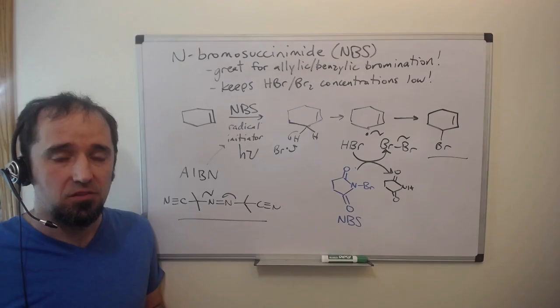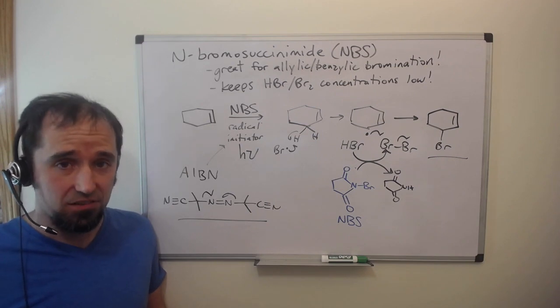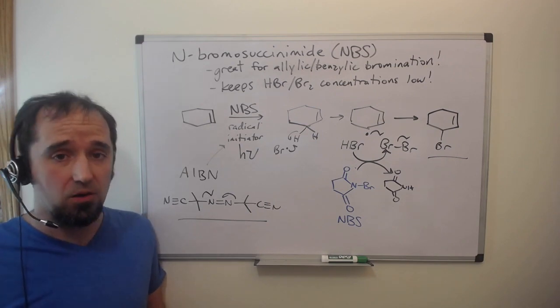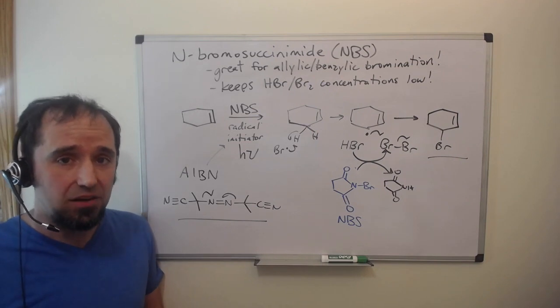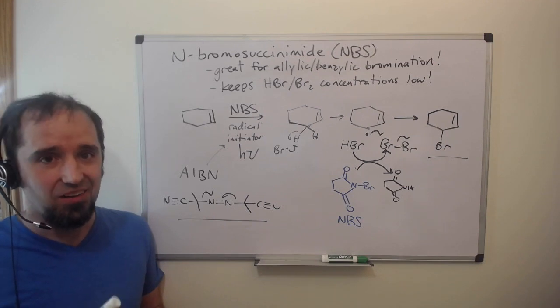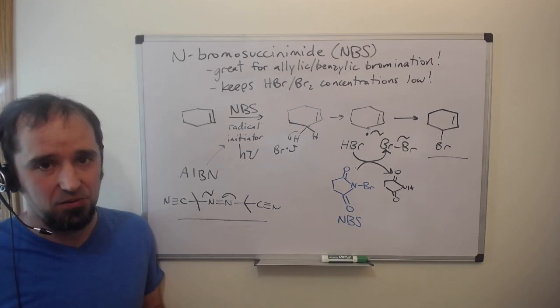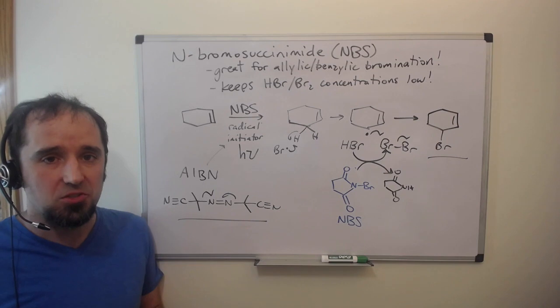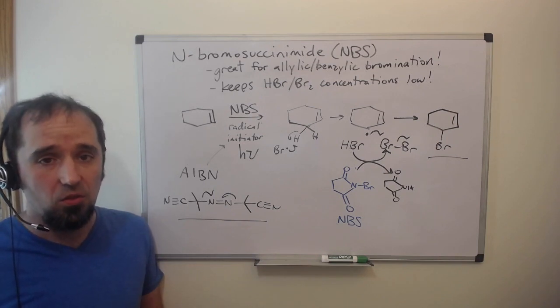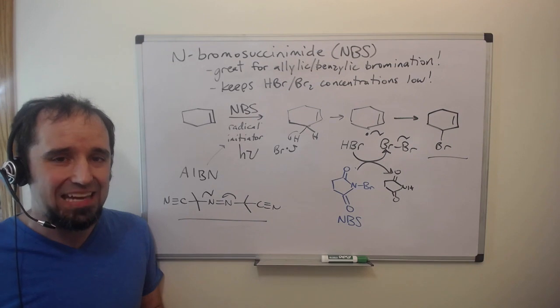So we just saw a lot of competing reactions there, right? Alkenes can react with HBr, they can react with Br2. So how can we select for allylic bromination and not just get normal old alkenes plus HBr or alkenes plus Br2? One way is to make sure that the concentration of HBr and Br2 is always really low. And the way we're going to do that is with something called NBS, N-bromosuccinimide.